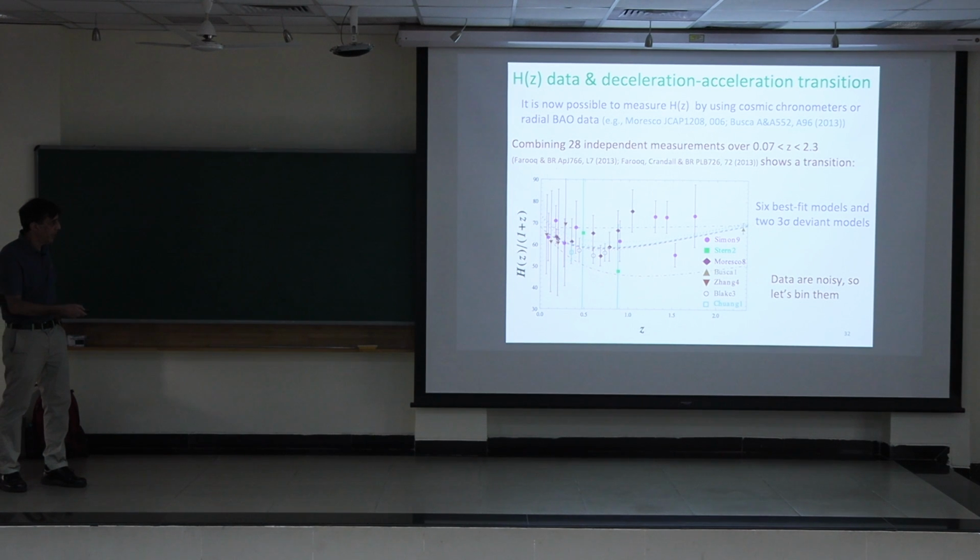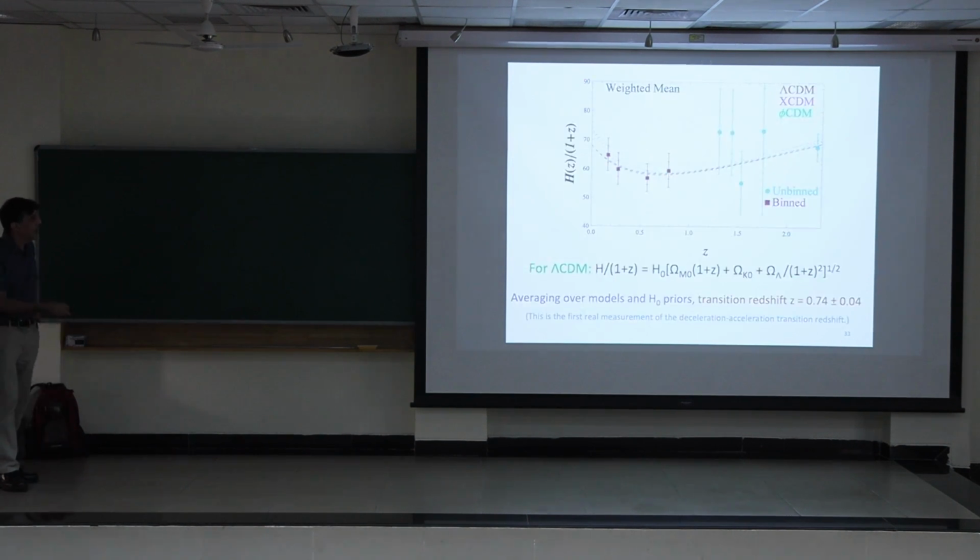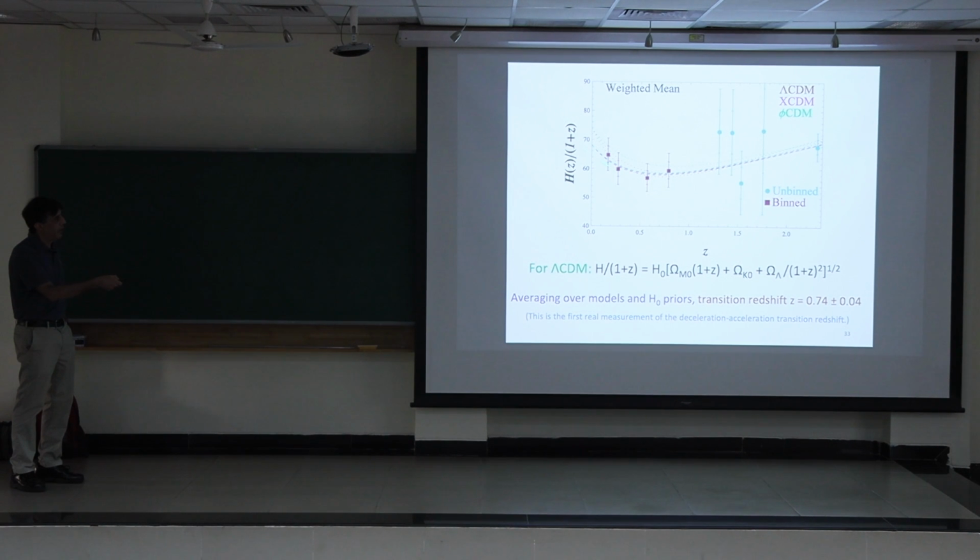And it becomes a little bit clearer if we bin these data in redshift space. We can't do that at higher redshift because it's not dense enough. But if we do that, then with 2 sigma errors here, so that's 1 sigma, 2 sigma, you can see the dip here. You can see decelerated expansion at higher redshift when ordinary matter and dark matter dominates, going to turn over into accelerated expansion at lower redshift.